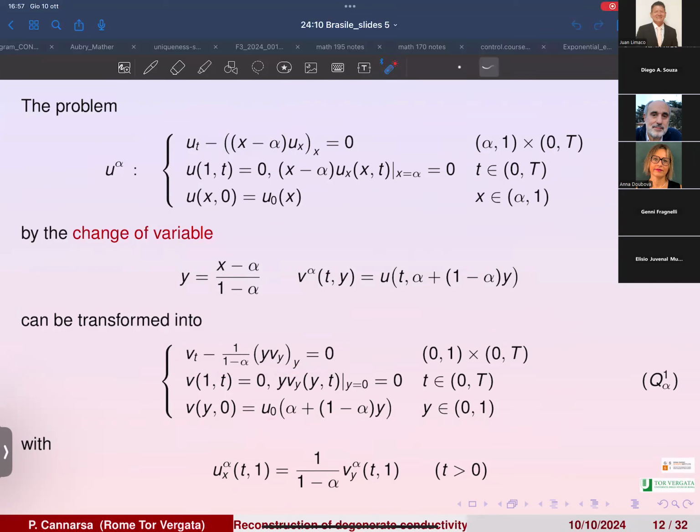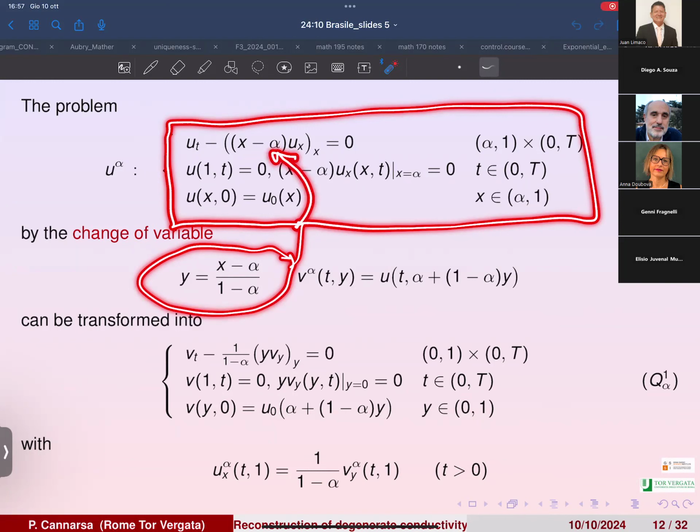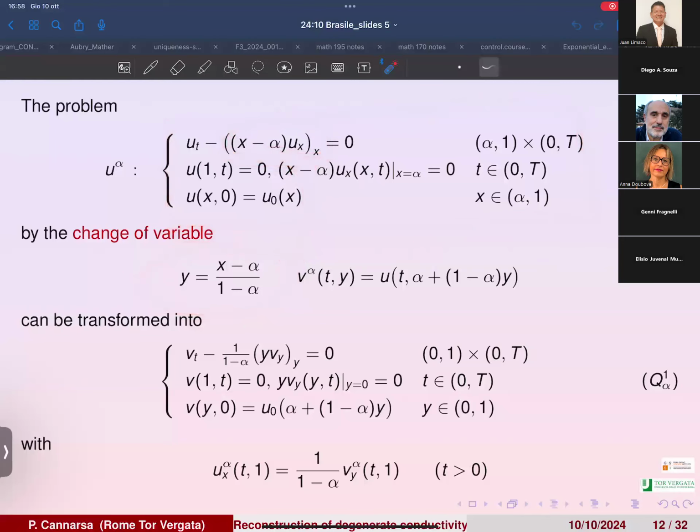Nevertheless, this change of variable is useful because one can still think of attacking these inverse problems by spectral techniques, trying to represent the solution after the spectral analysis of the stationary operator associated with these dynamics.